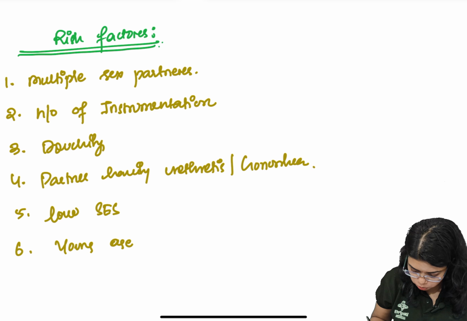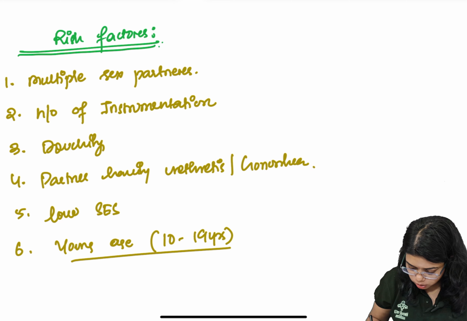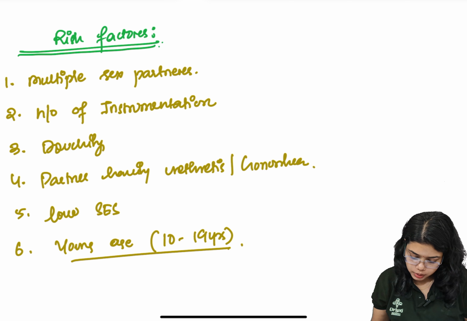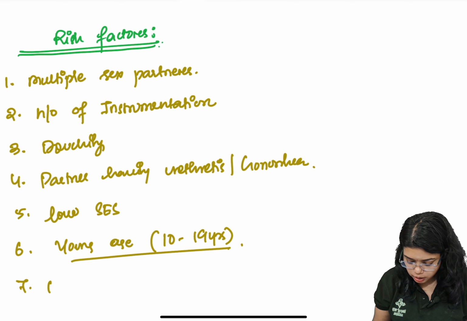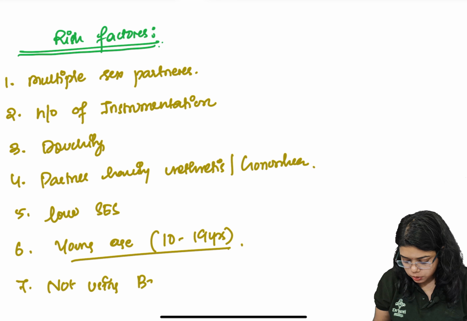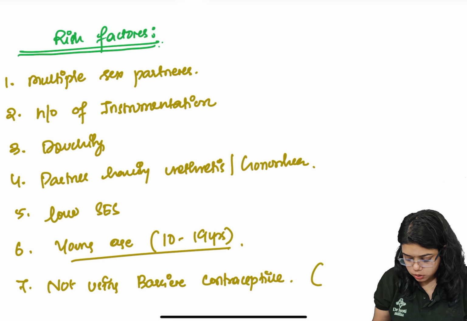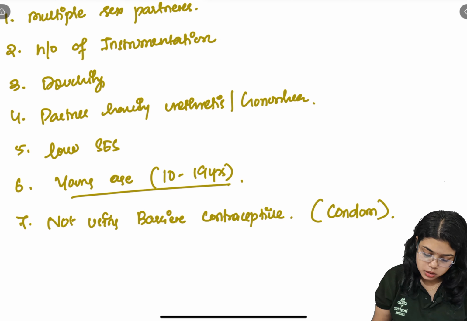PID is most common in young age, that is from 10 to 19 years. Also if barrier contraceptives are not used, the chances of PID increase.